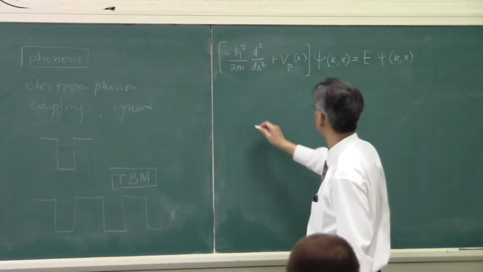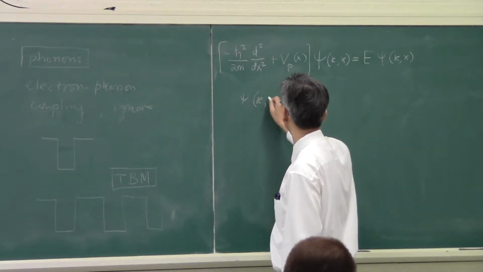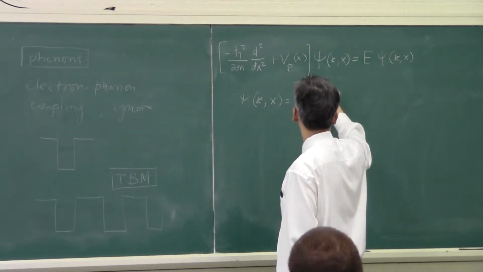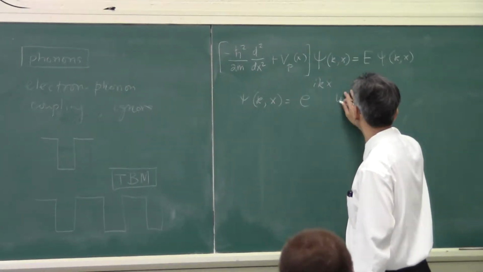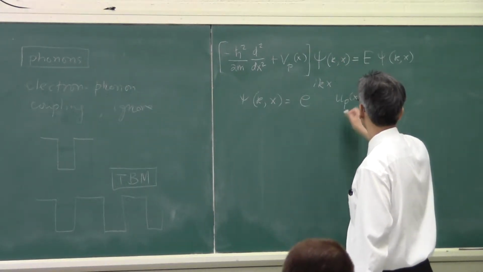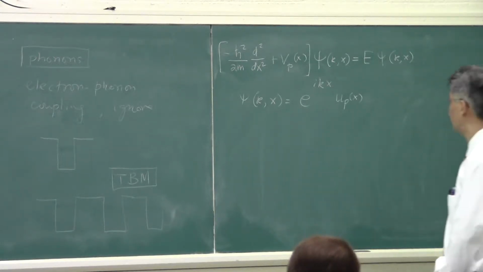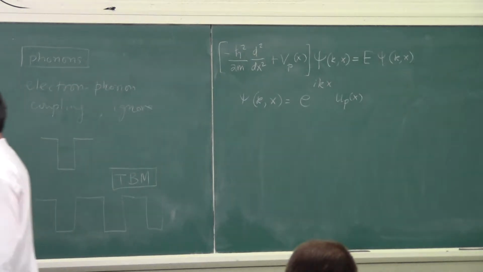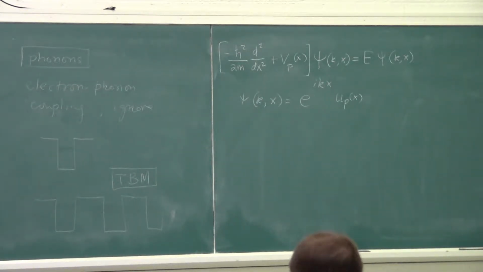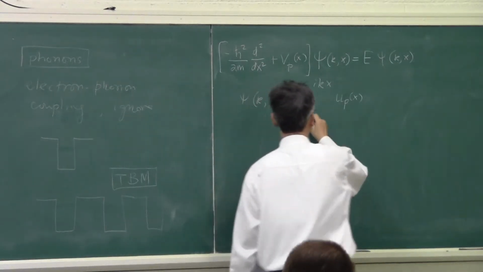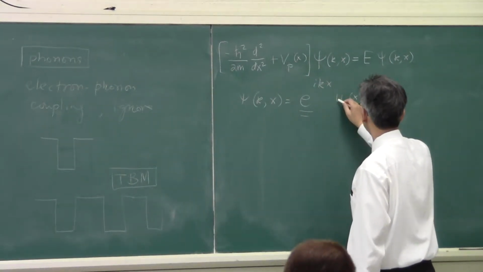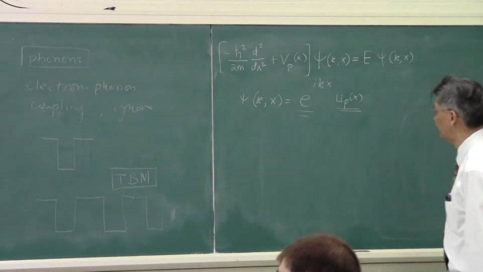Okay, and we write that the eigenmode should be something of this form: e^{ikx} u_p(x), which means that because of the periodicity, the wave that propagates through the structure has to be something of this form. So you imagine a wave going through this structure, and that wave has to be something of this form. It is a plane wave modulated by a function u_p(x).